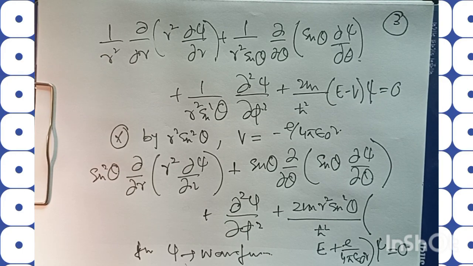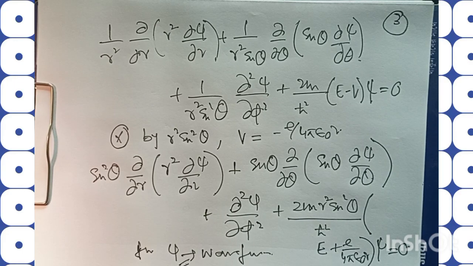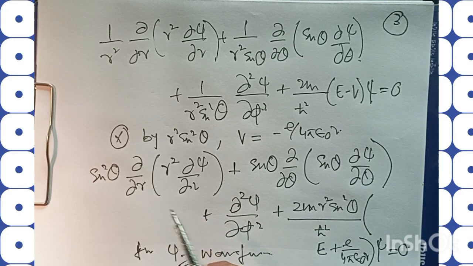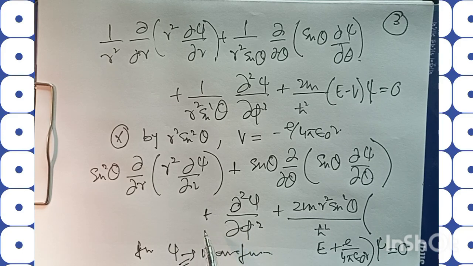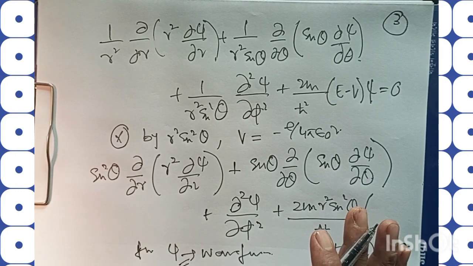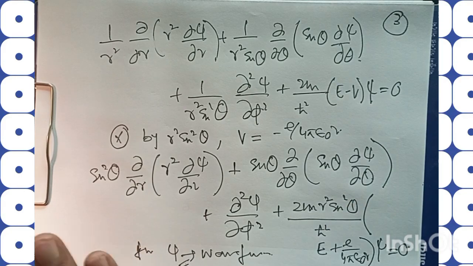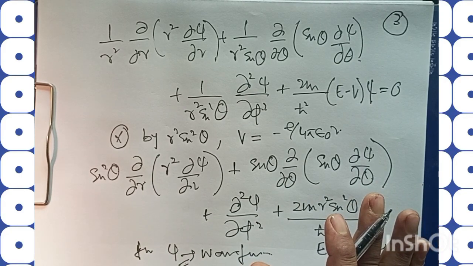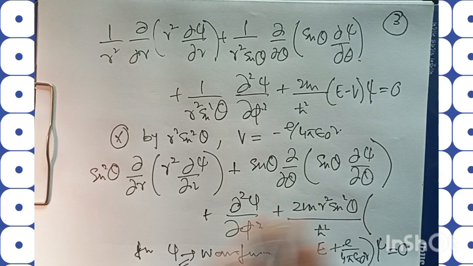And this psi and its derivative should be continuous and single valued at each point for r, for theta, and for phi. Now, certainly, this equation completely specifies the behavior of the electron.